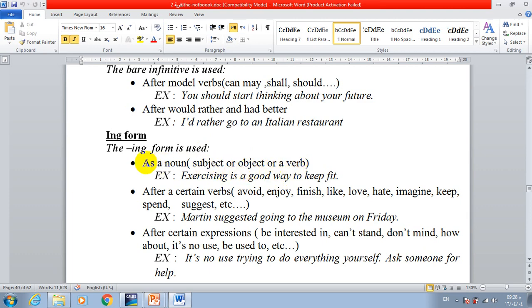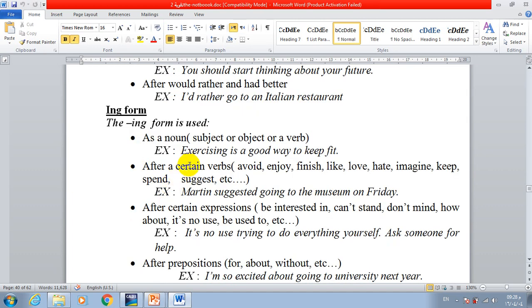Like you see in the example, exercising is a good way to keep fit. Here we use exercising, the verb plus ing, at the beginning of the sentence because exercising here is a subject noun.